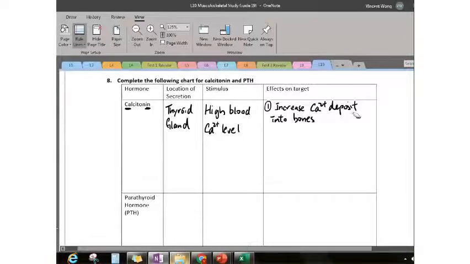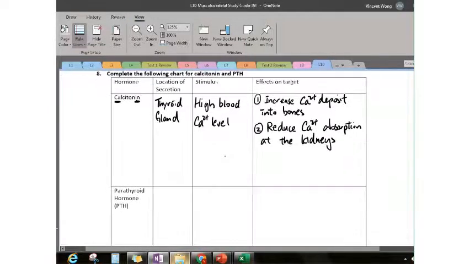Let's put some of those in your bones. Secondly, it will tell the kidney to reduce calcium absorption at the kidneys. So you will just let them stay in the filtrate. You will just remove them from the body through the urine.